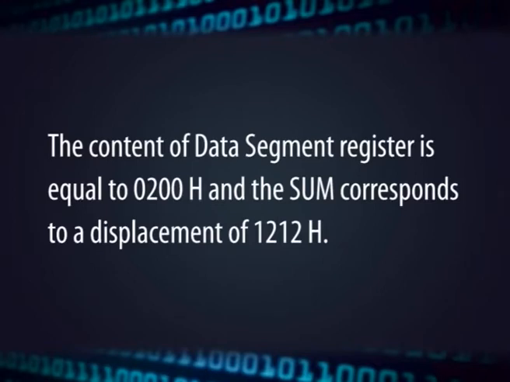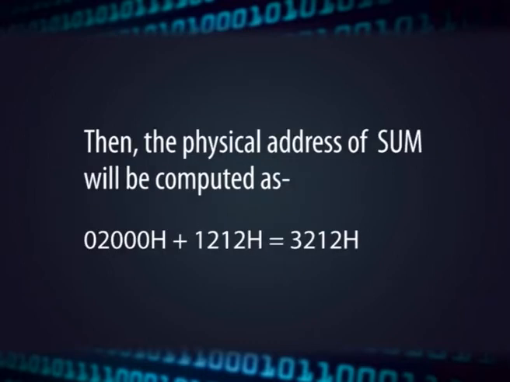Let us assume that the contents of the data segment register is equal to 200 hexadecimal and SUM corresponds to a displacement of 1212 hex. Then the physical address of SUM will be computed as 0200 with 0 appended, that means it becomes 2000 hex, plus 1212 is added, that makes the address 3212 hexadecimal.